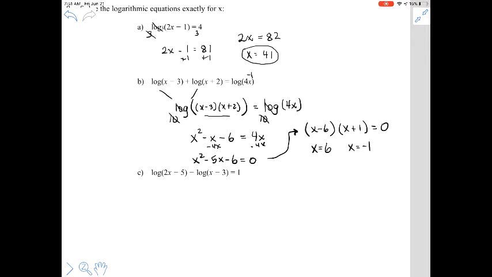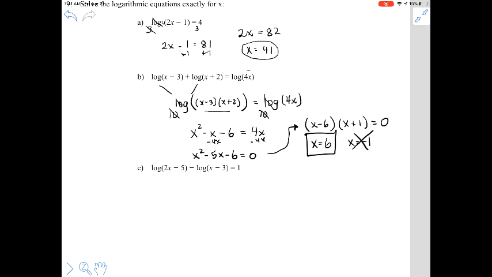Now, if I tried to plug in a -1 there, for example, 4 times -1 is -4. Can't take logarithm of negative values, so x equals -1 is not a solution. That was called extraneous. Still, I might want to check 6. If I plug in a 6 there, it's okay. 6 plus 2 is 8, that's fine. 6 minus 3 is 3, that's fine. So x equals 6 works out okay.